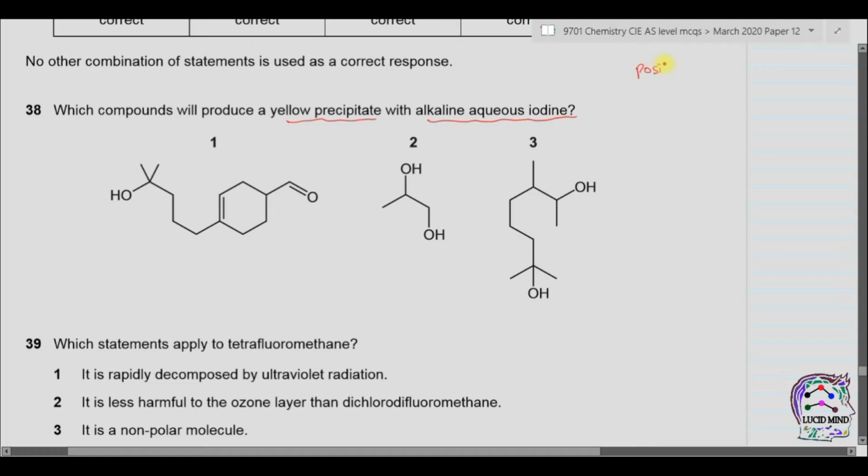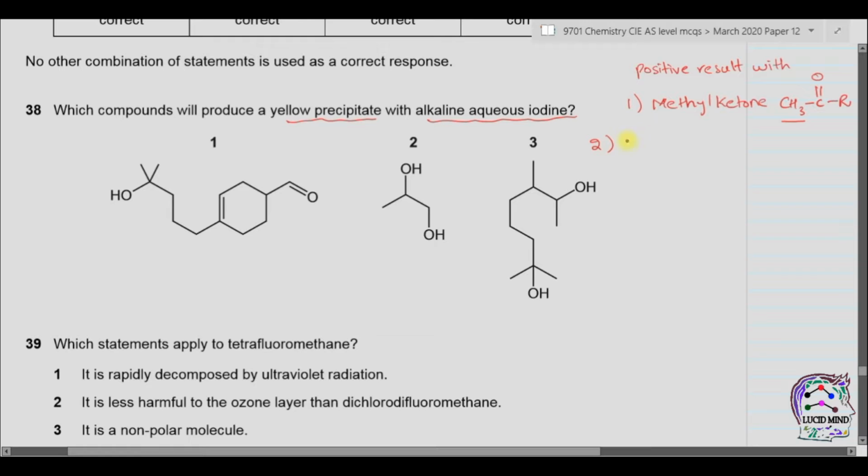So it gives positive result with number 1, if you have methyl ketone, that is CH3 C double bond O R. So on one side of the ketone there must be a methyl group present.